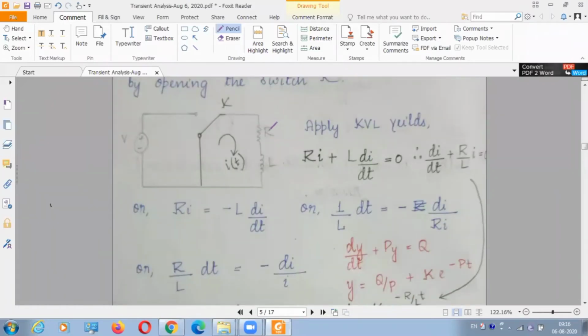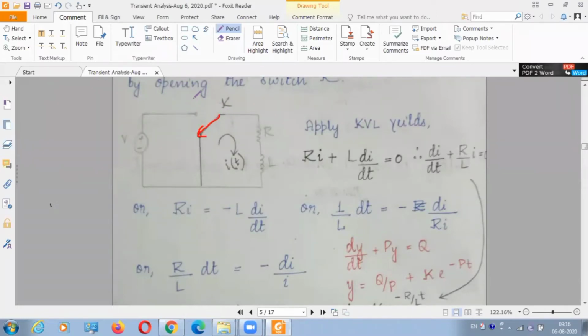Next, in case of discharging, like in the previous circuit, I had shown a charging path. That means when it is charging, it has to be connected to a source. Now the inductor is itself storing some energy. It is storing some energy from the source. Now it has to discharge. So I have given a different path to it. So now this switch point K is connected to a different point.